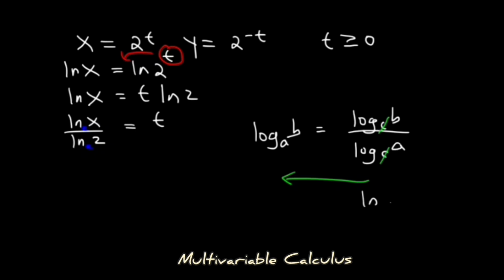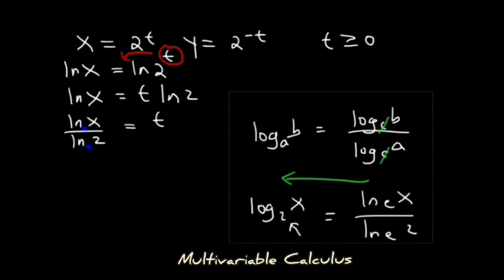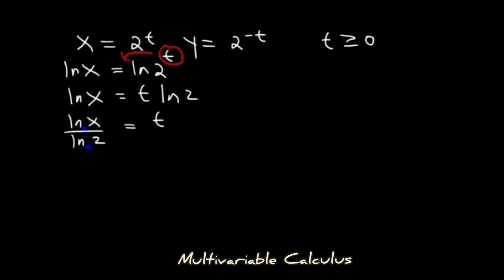So ln base e of x over ln base e of 2 is equal to log base 2 of x. Anytime the base is not e, you have to use a regular log function. If the base is e, then it becomes a natural log. So what you need to realize is that ln x over ln 2 is equivalent to log base 2 of x. Now what we're going to do is replace this t with log base 2 of x.